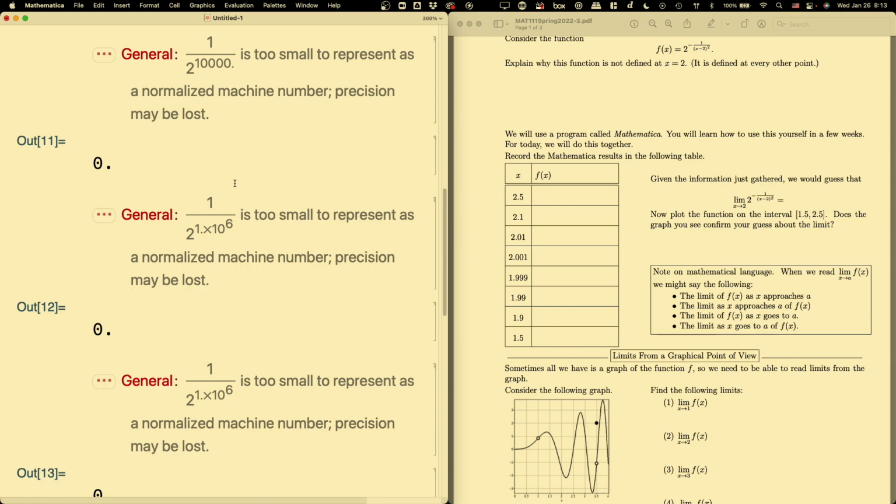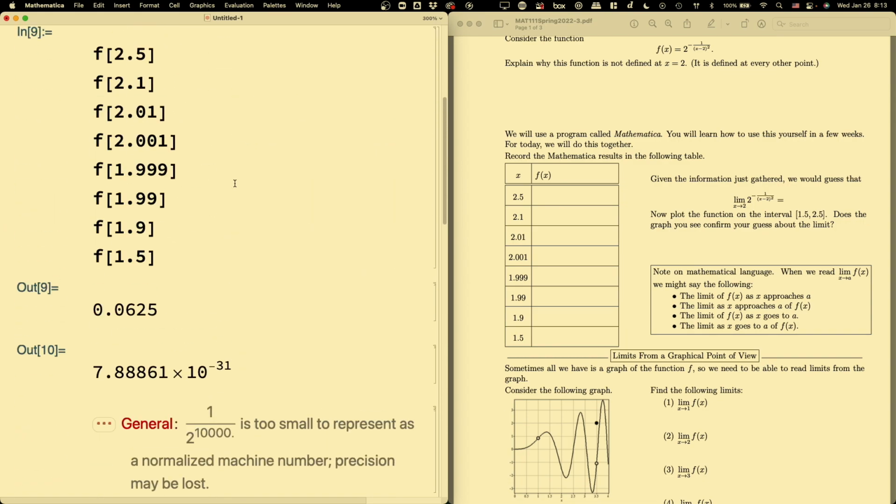Here, at least from the big picture, like plugging in 2.5 and graphing it, were you pretty convinced that this limit was 0 as we approach 2? But it's not quite as clean cut as it was with the other example, is it?